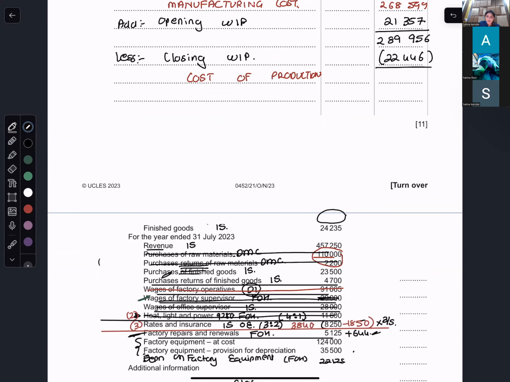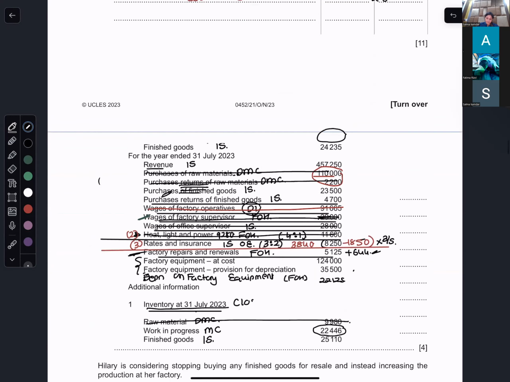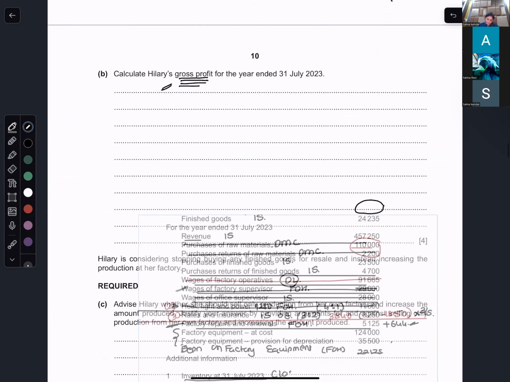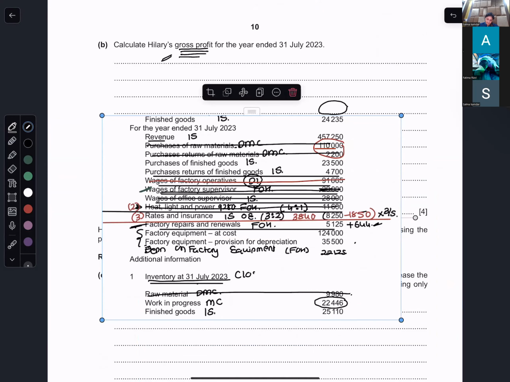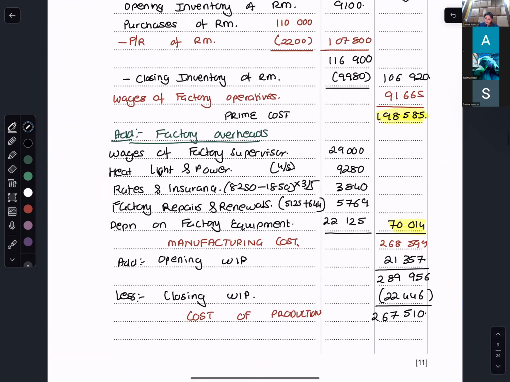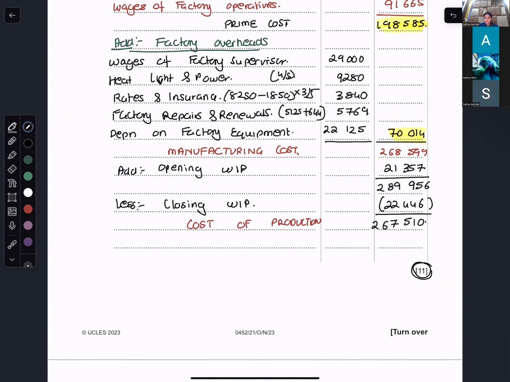So you get the cost of production: 267,510. Are you with me? Yes, miss. So this is in total for 11 marks. October, November 23, paper 21.